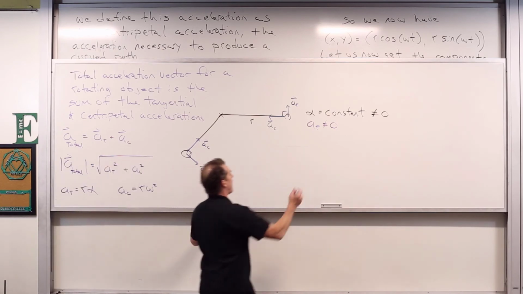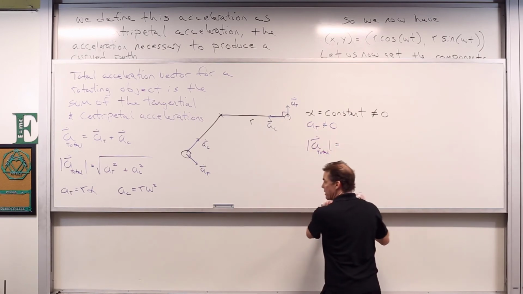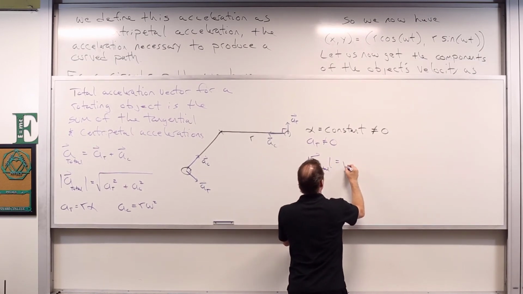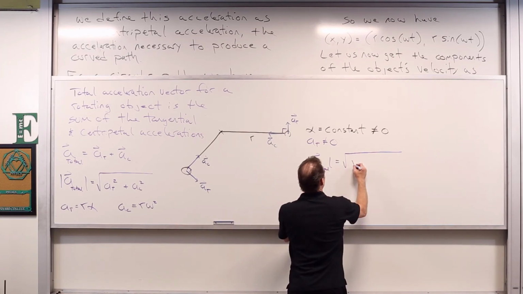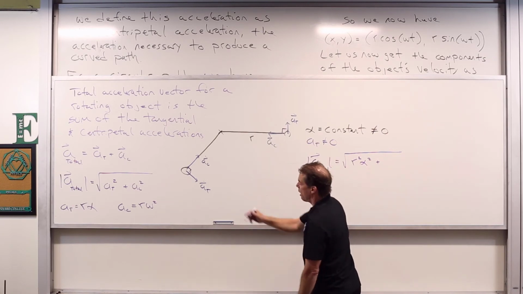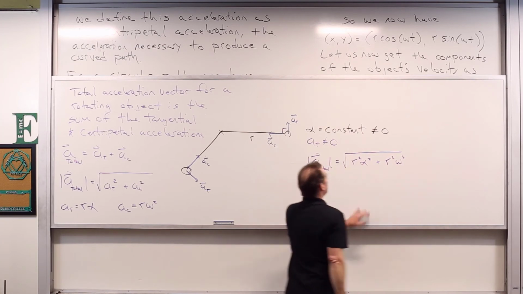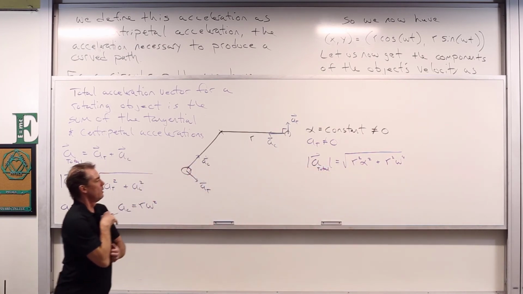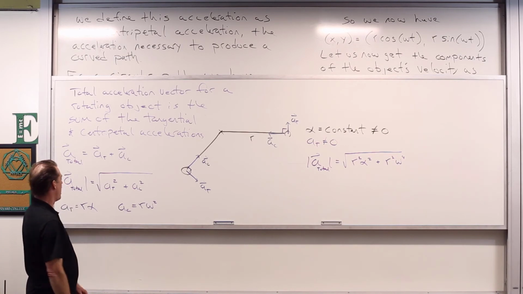So what can we do with this? We can write that the overall acceleration's magnitude is equal to the square root of r squared alpha squared plus r squared omega to the fourth. You could definitely factor out an r squared there because it's a common term in both of them.